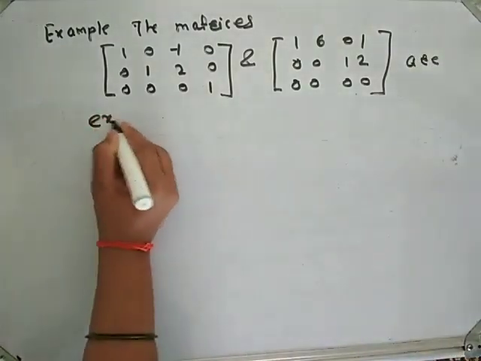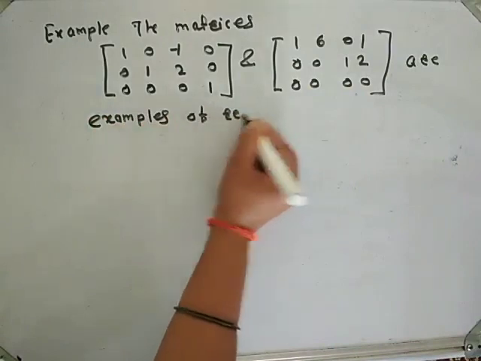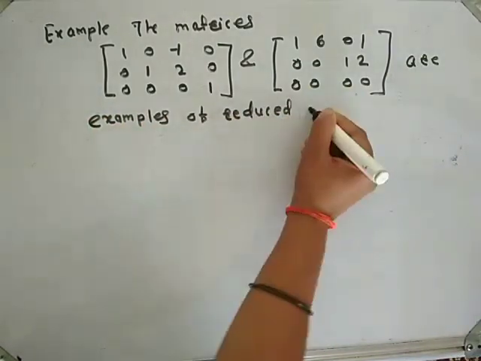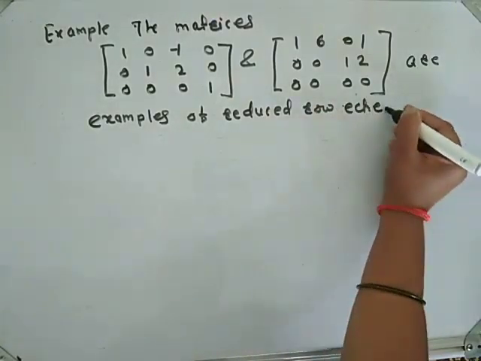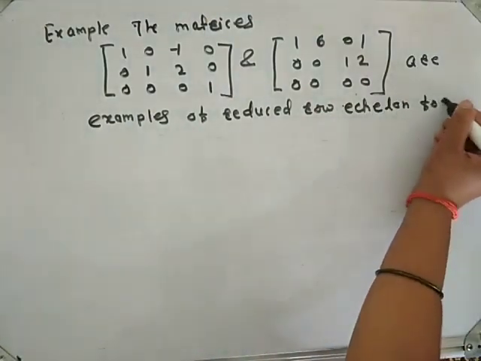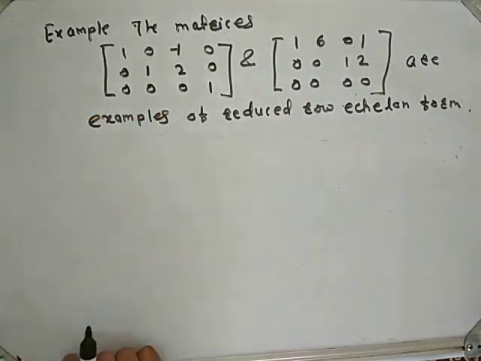Okay. Why are these matrices examples of reduced row echelon form?